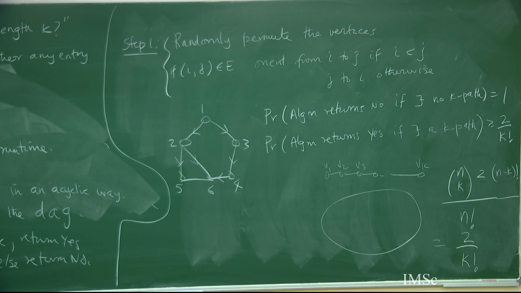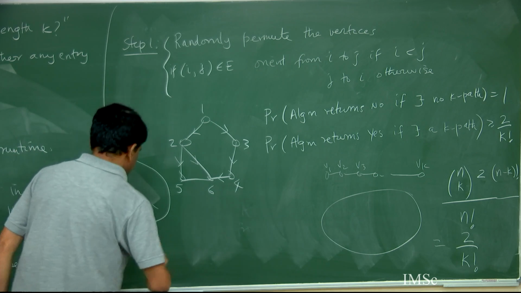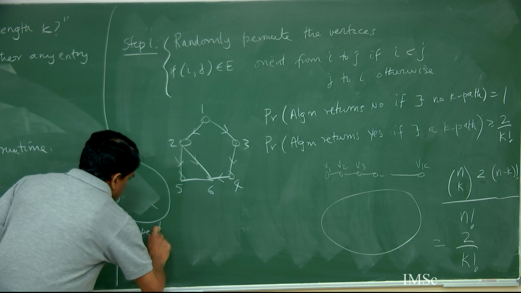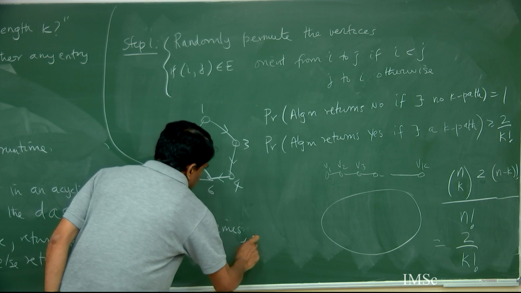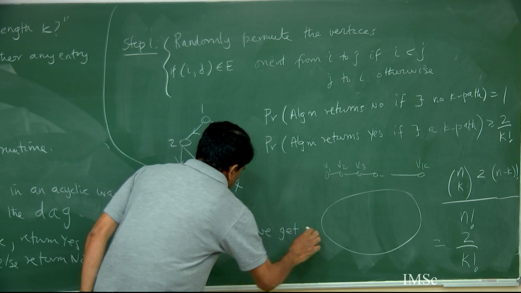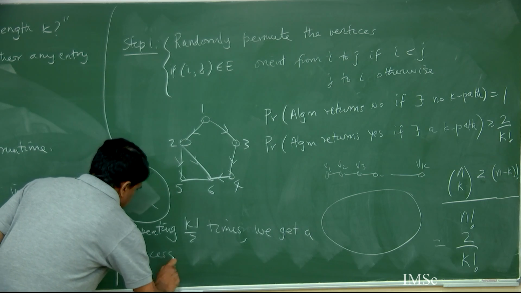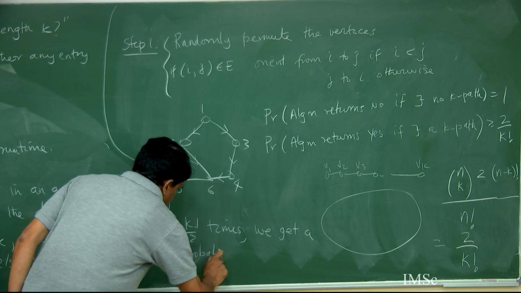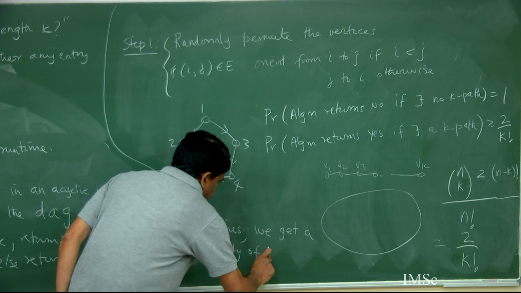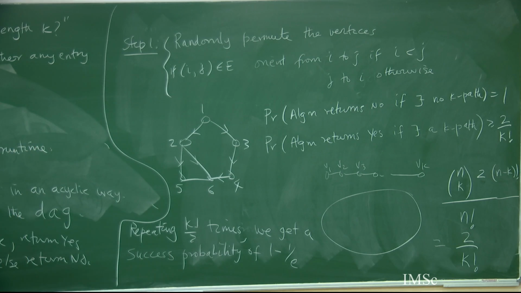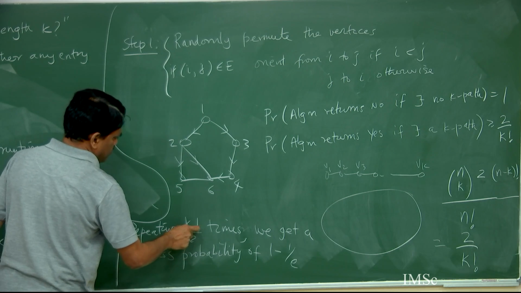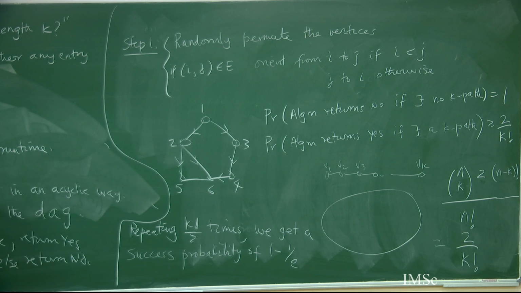So, overall running time, repeating... and the expected running time, or not the expected, actually it is a worst case running time with good probability.